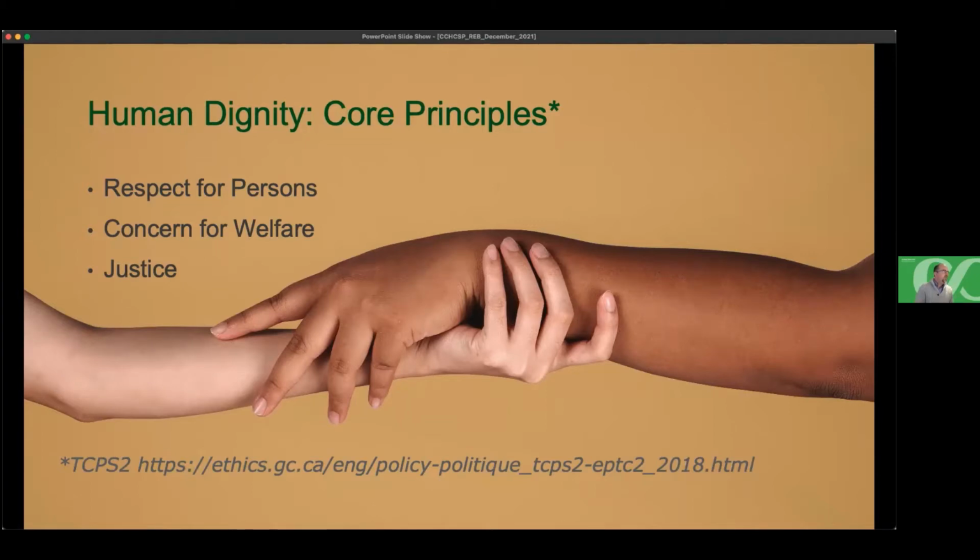But essentially, you're looking at the core principles of human dignity being defined by TCPS2 as respect for persons, concern for welfare, and justice. And these are the core principles we keep in mind as we review an application for research from an ethics point of view.